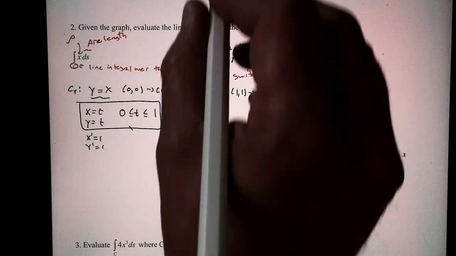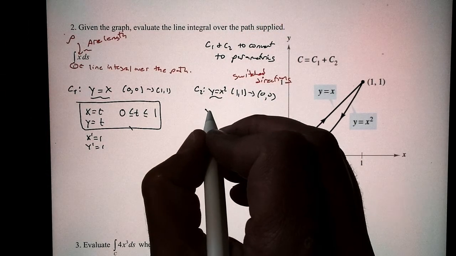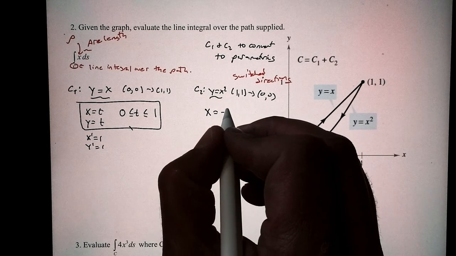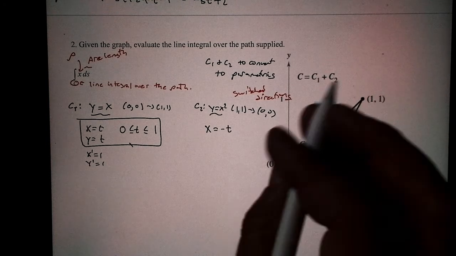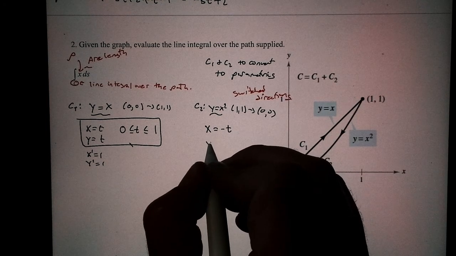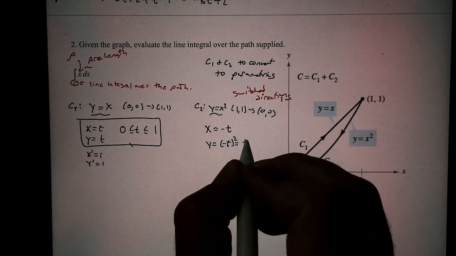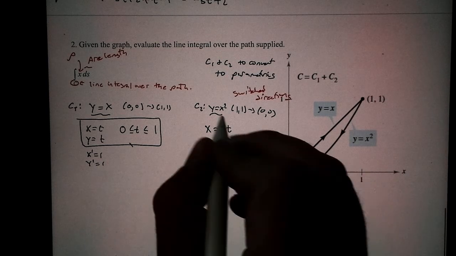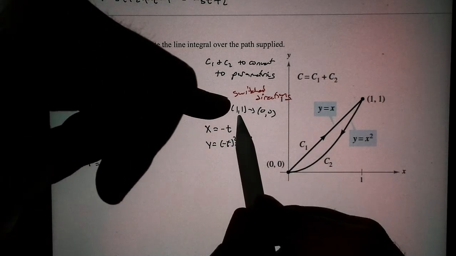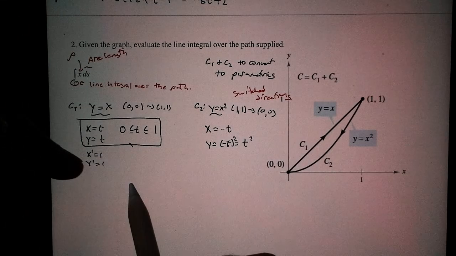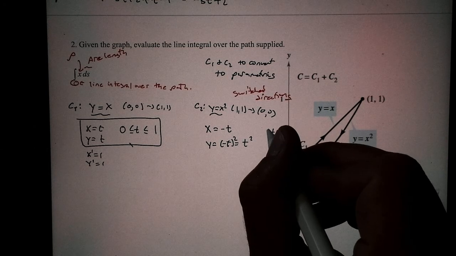The easy way to fix that is, when we do our parametrics, I'm going to let x equal negative t to take care of my changing direction. y will then become negative t squared, or just t squared here. So it doesn't really affect my graph, but by making x negative, we're setting it to go in the opposite direction.